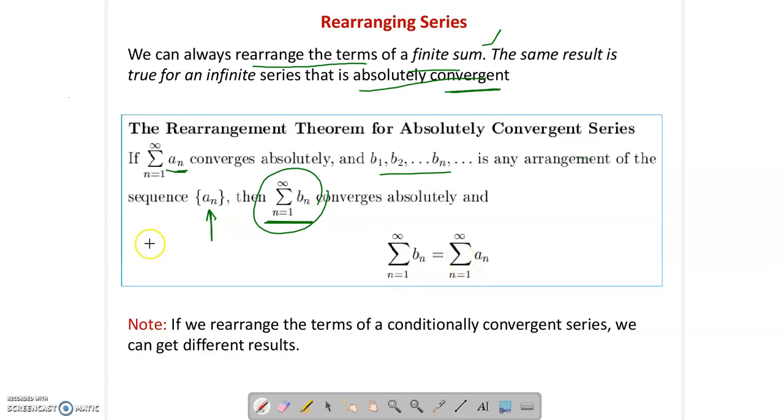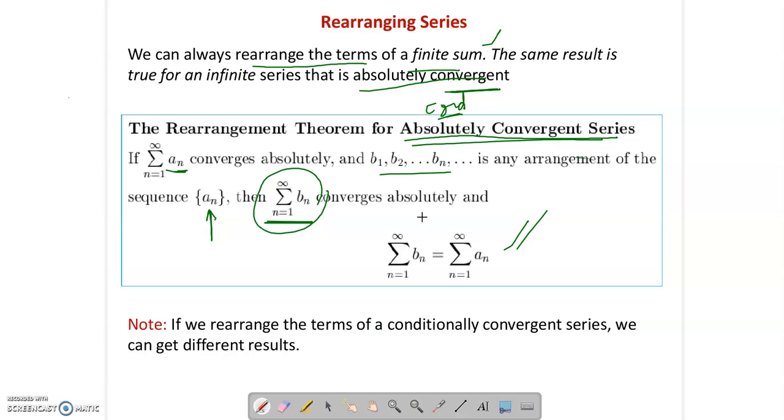Now another question I want to pose is, suppose you do not have an absolutely convergent series, but a conditionally convergent series. Can you say the same result in that case, that they both converge absolutely and their sums are equal, or they both converge conditionally and their sums are equal?